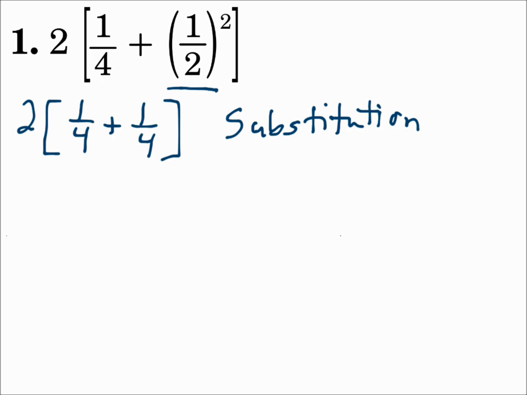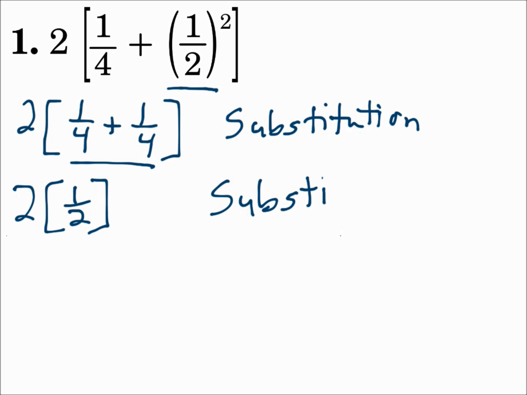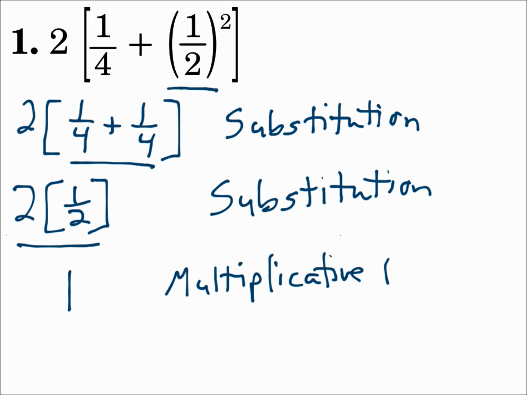Still within the parentheses, you have addition. 1/4 plus 1/4, and that's 1/2, and that reason is substitution. Finally, 2 times a half equals 1, and that's the multiplicative inverse. When you multiply something by its reciprocal, the answer is 1.